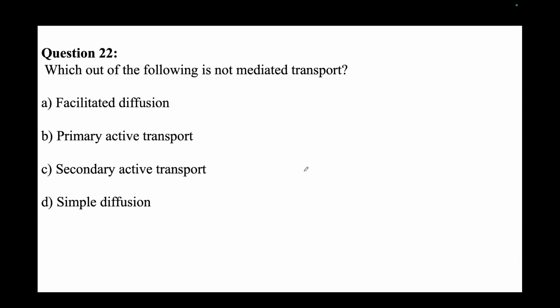Among these, simple diffusion is not a mediated transport. Why? Because if you see all the other options, facilitated diffusion, the term facilitated means there is a helper protein or a carrier molecule. So it is mediated by a helper molecule.